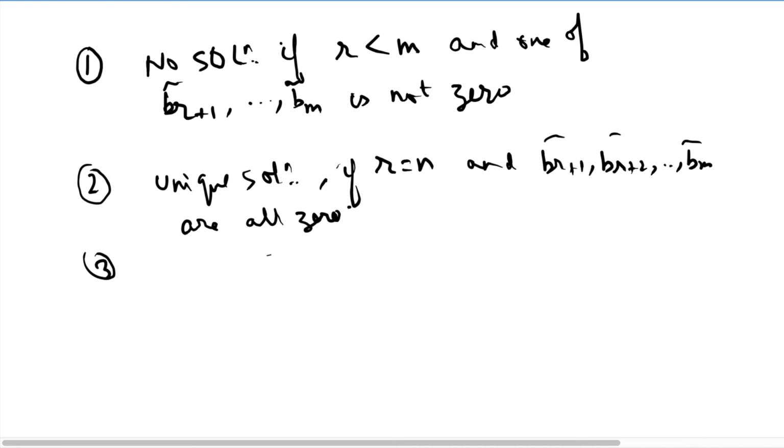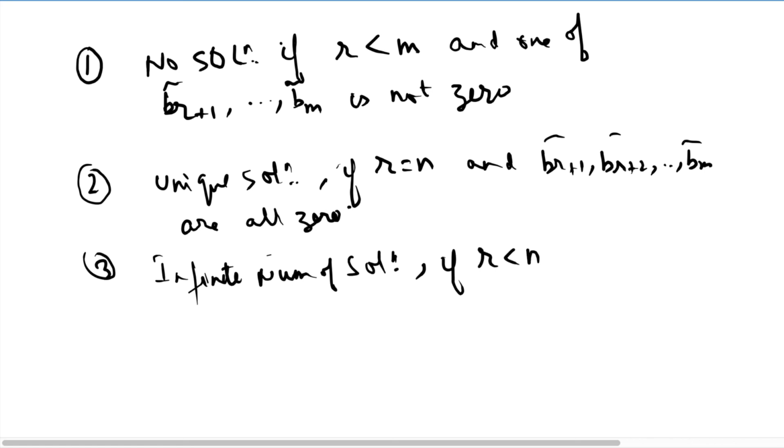The third case is an infinite number of solutions, and this is the case if r is less than n and br plus 1, br plus 2, till bm, if present, are all zero.